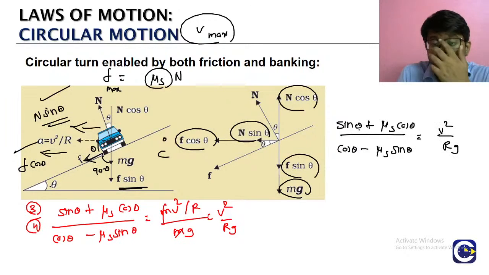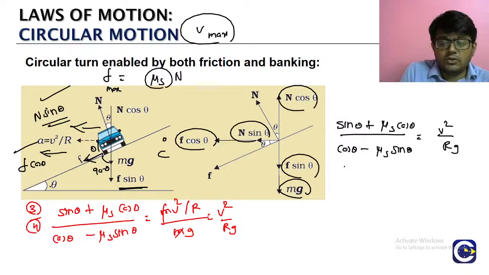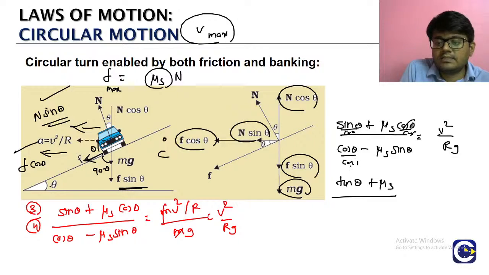Now on the left hand side let us divide both numerator and denominator by cos theta. Here we will have sin theta by cos theta, which is tan theta. Cos theta by cos theta means 1, so mu s. In the denominator, cos theta by cos theta means 1, and sin theta by cos theta gives mu s into tan theta.